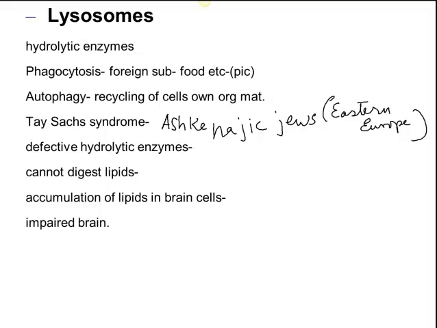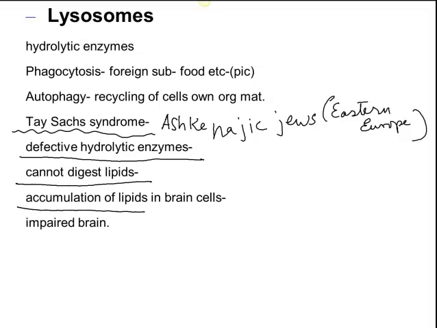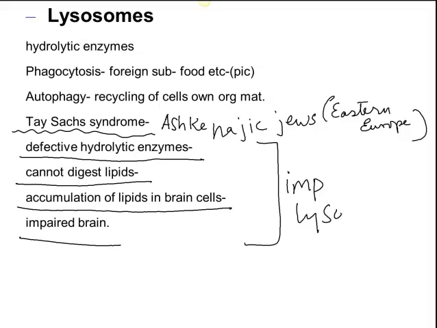Not so much now, but it was very prominently observed as a genetic disorder commonly occurring in that particular race. They contain defective hydrolytic enzymes, so they cannot digest the lipids. That means there is accumulation of lipids in the brain cells, which leads to an impaired brain for people who are affected by this syndrome. So this just goes to show how important lysosomes are.